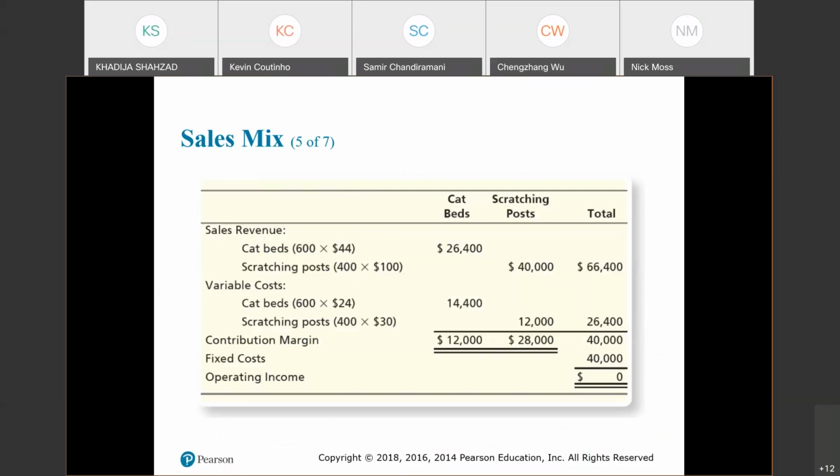Okay, we can prove the break-even point by preparing a contribution margin income statement. If the sales mix changes, then the company can repeat this analysis using new sales mix information to find the break-even point for each product.